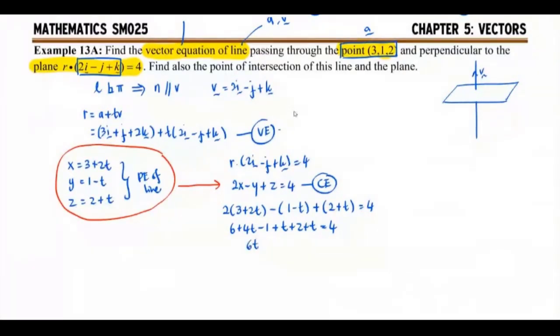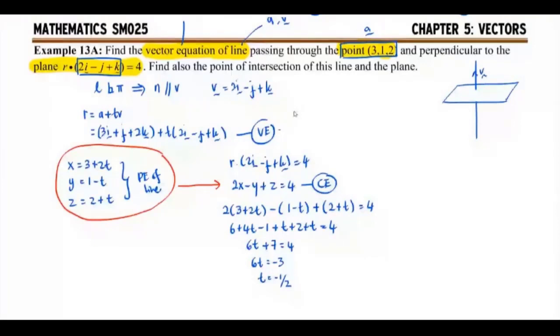The number, what do we get on the left hand side? We have 6, -1 and 2. 5. Are you sure? 6 negative take away 1 is 5. 5 add 2 is 7. Okay. So 6t equal to -3, t will be equal to -half.